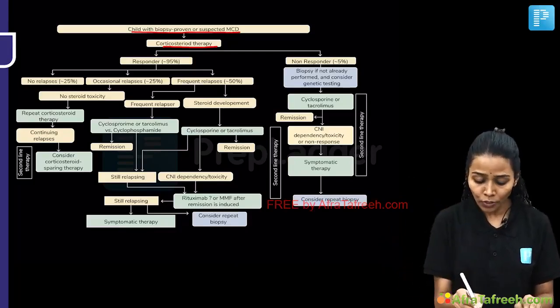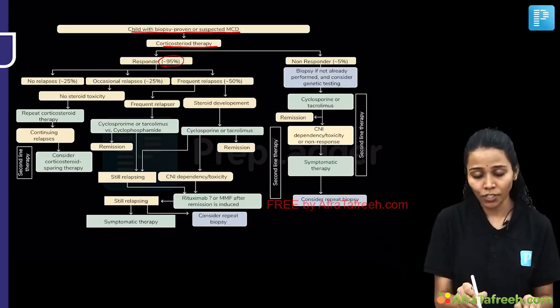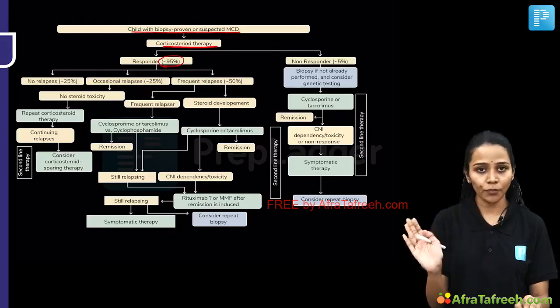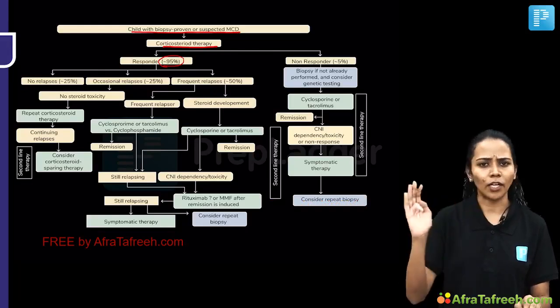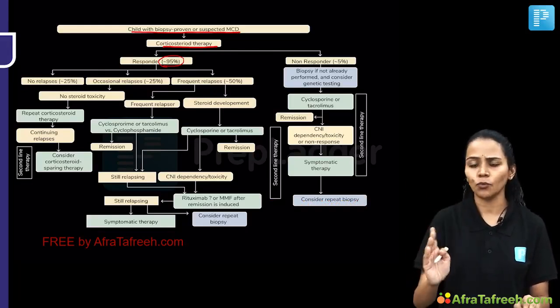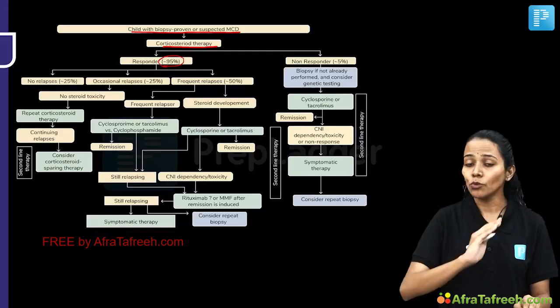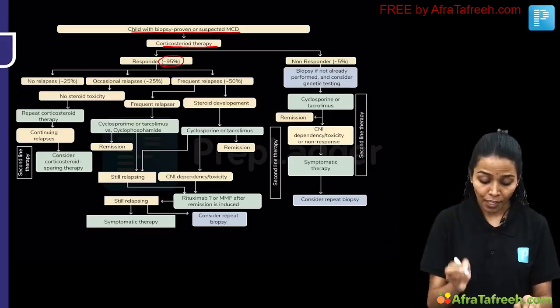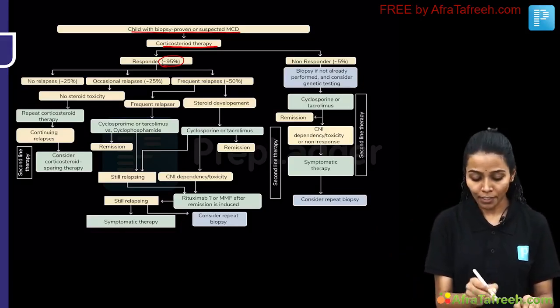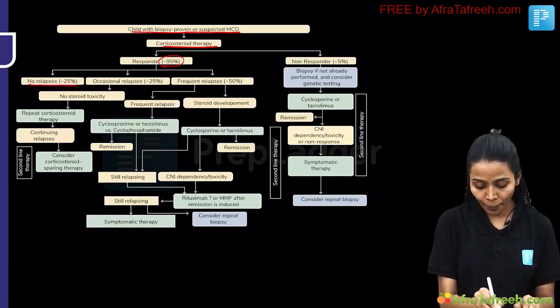Okay. So 95% of children respond to steroid. That is a beautiful thing that we see. The moment we start steroid, within 1 week, 95% of children become dry and lose their edema, proteinuria stops. After this, what happens? No relapse is seen in only 25%.